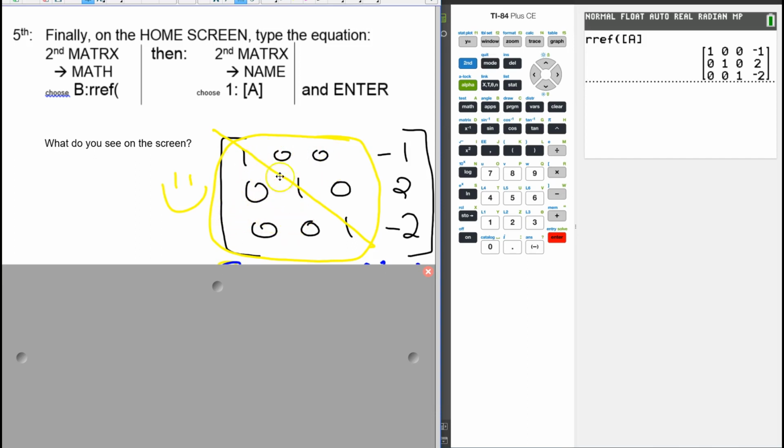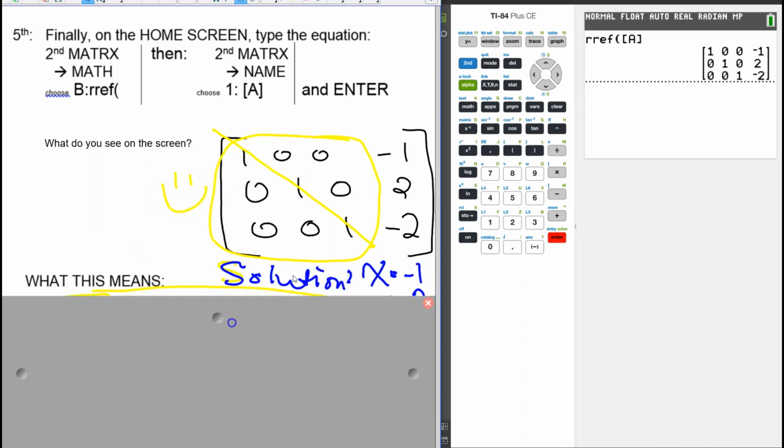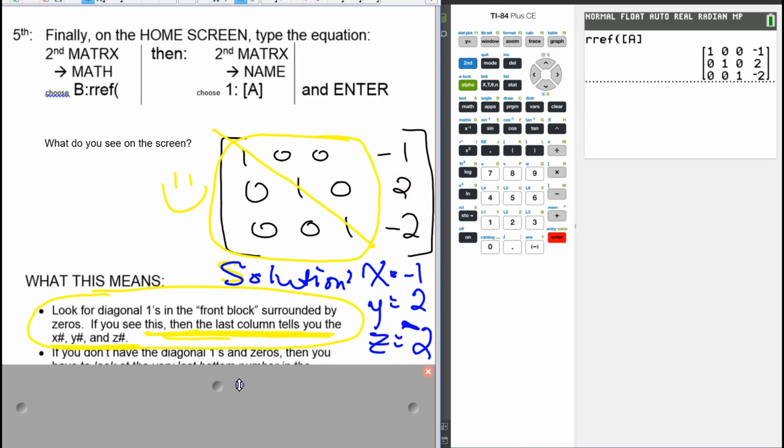Or if it were larger, the diagonal would just go down another one and you'd have more zeros. If you've got that, then it's a good thing, because what that will mean is that the stack of numbers over here on the right is your actual solution for X, Y, and Z.